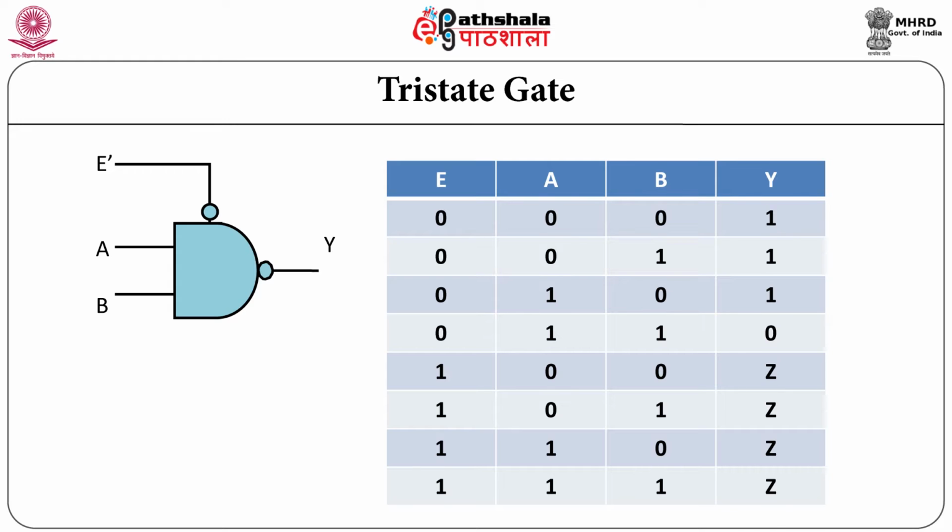The enable input decides whether the gate is active or in high impedance state. In this gate, when enable input is low, the NAND function provides 0 or 1 depending upon the input combination. If enable is high, the NAND gate output will provide high impedance state independent of the input combinations.